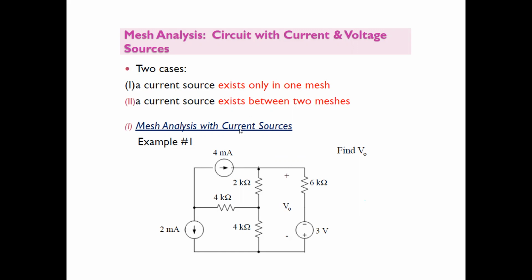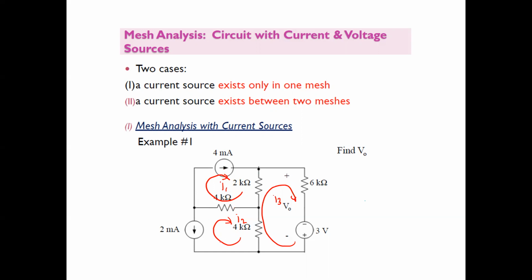For example, this one, we have I1 and then I2, and then we have this one is I3. And as you can see, we have a current source in I1 and a current source in I2, and these current sources are not shared with these two meshes. Okay, so what to do? What is the KVL for I1 and what is the KVL for I2?